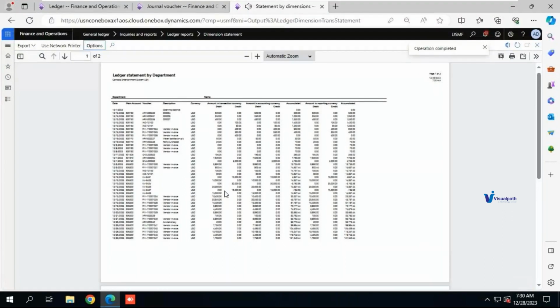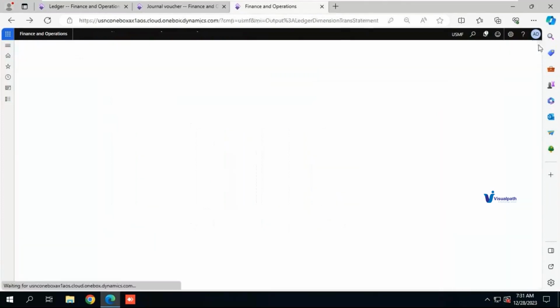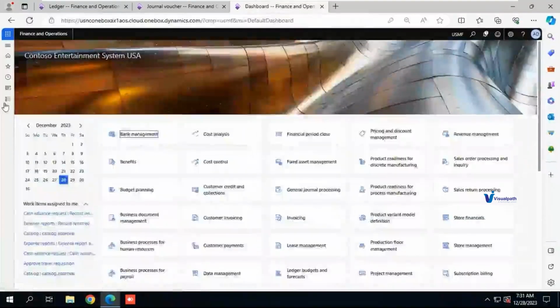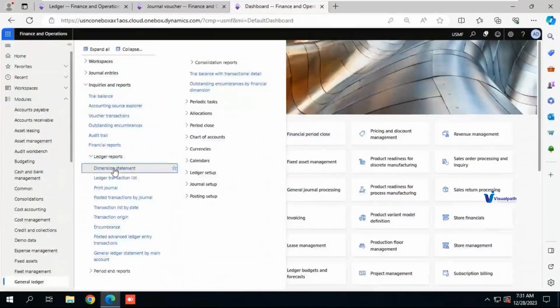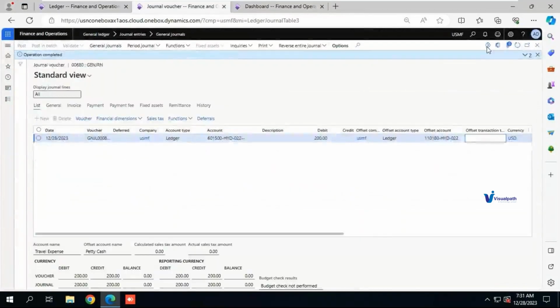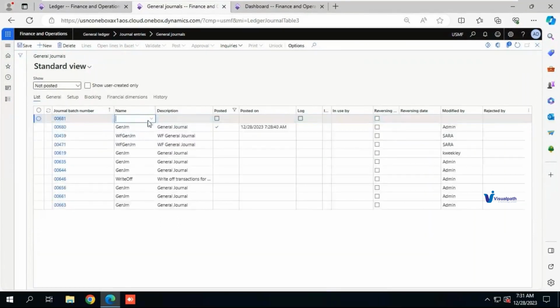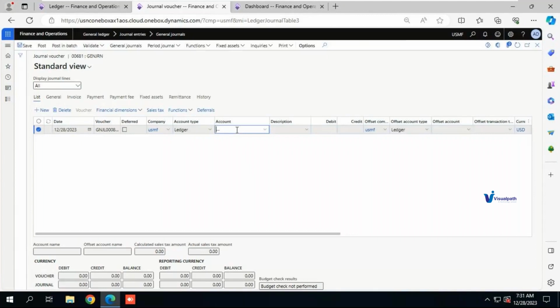Okay. Here it is showing without department, and then with department 022. These are the expenses. So let me generate one more, the department statement. I'll do one more transaction. Two more transactions I will do. Here without department, post one transaction.